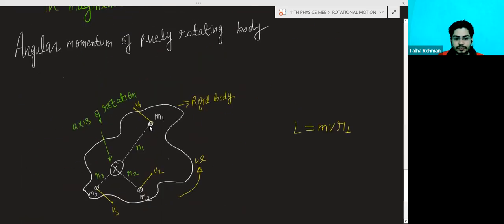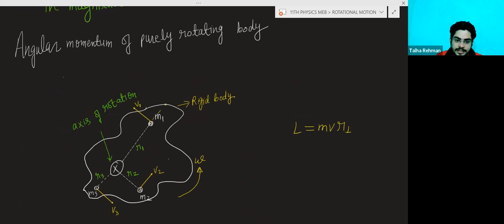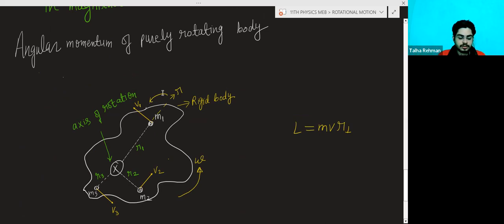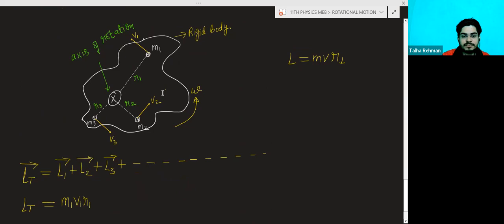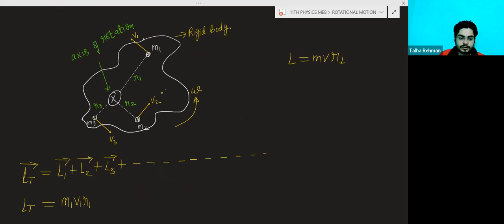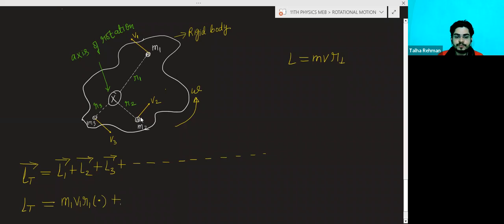For direction, you extend this r like this, and now you move r to v like this. So this is anti-clockwise, which means outward. Due to mass m1, the angular momentum is outward. Then plus the angular momentum due to another mass m2, which is m2 v2 into r2.